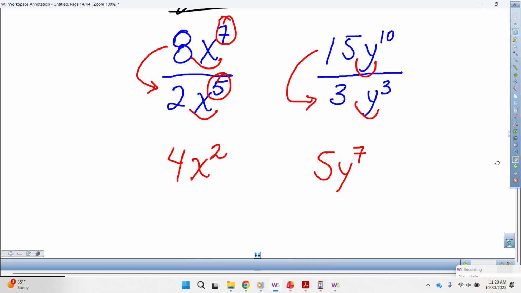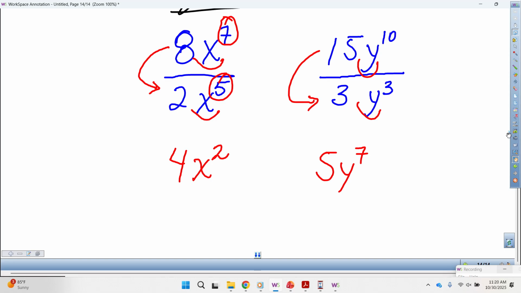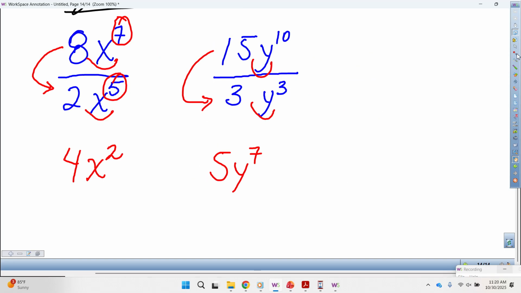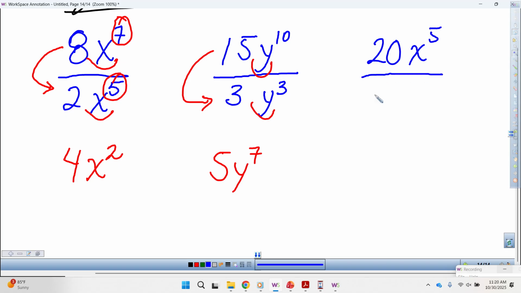All right. One more just to clarify. Here we go. How about 20x to the 5th over 4y to the 3rd? Once again, numbers with numbers do work.